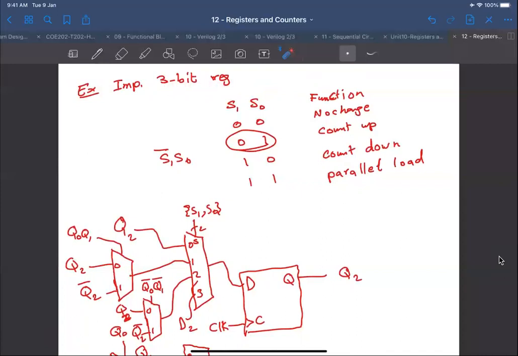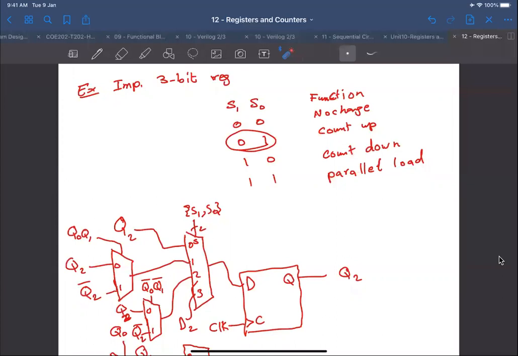It has two function selector bits and 4 functionalities. If the function is 0, 0, then there is no change. If it is 0, 1, then it is a count up. If it is 1, 0, then it's a count down. If it is 1, 1, then it is a parallel load. Is this clear?